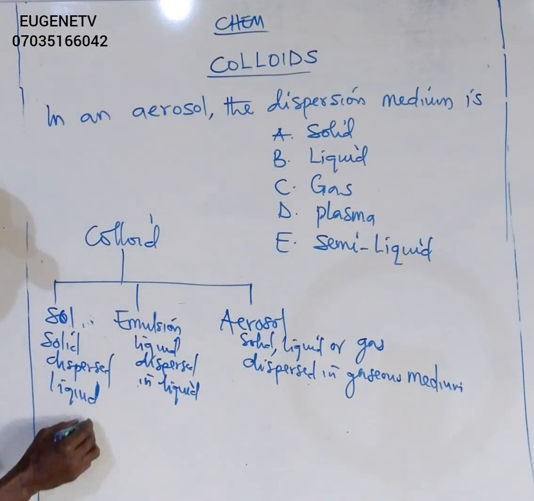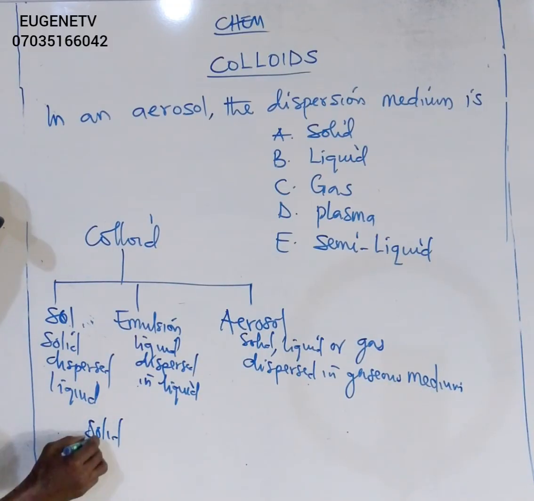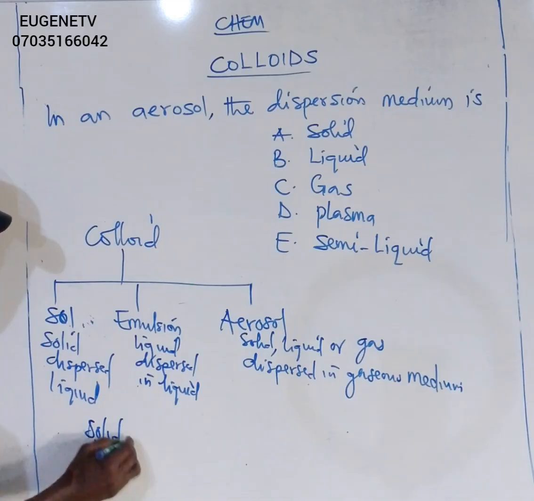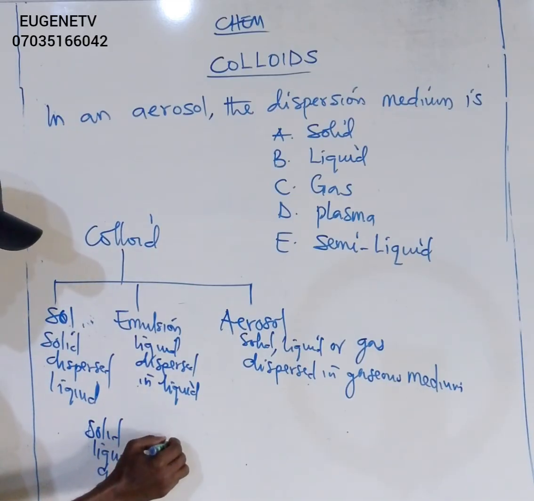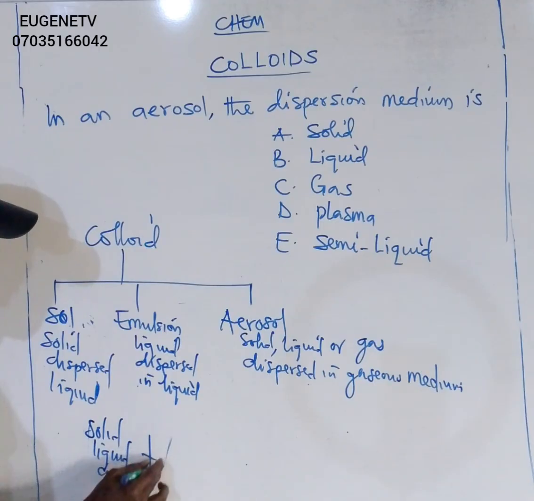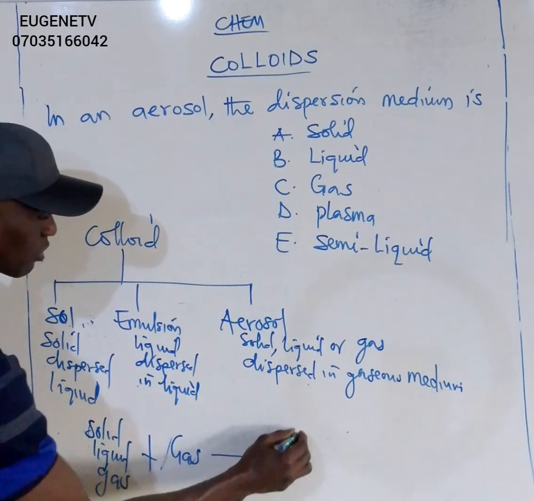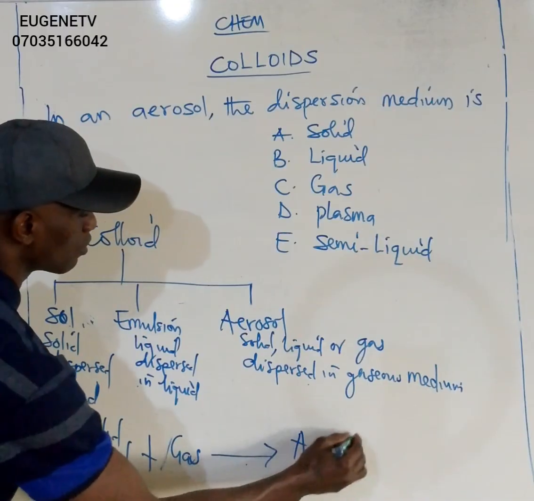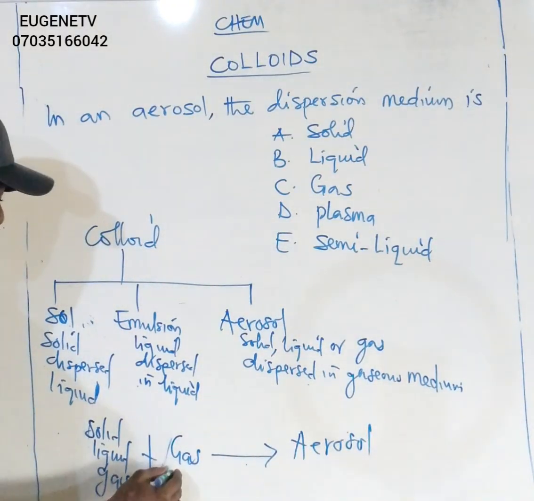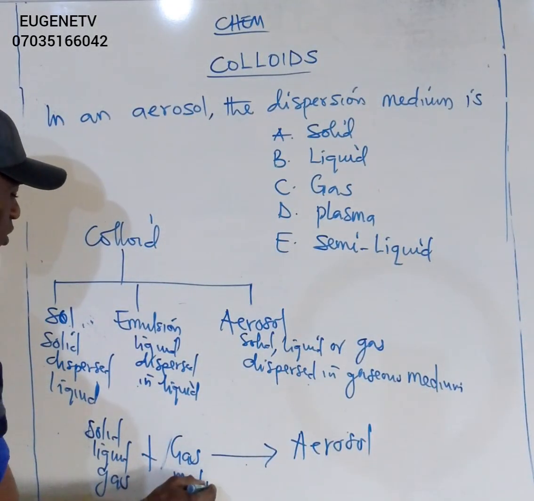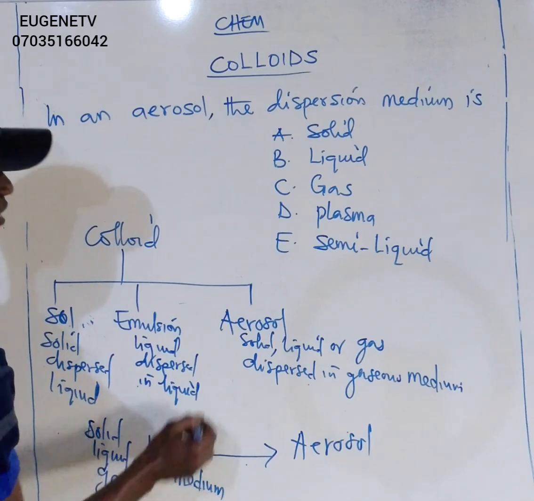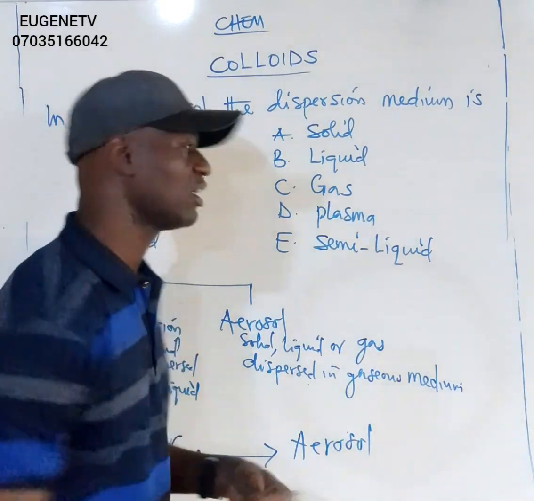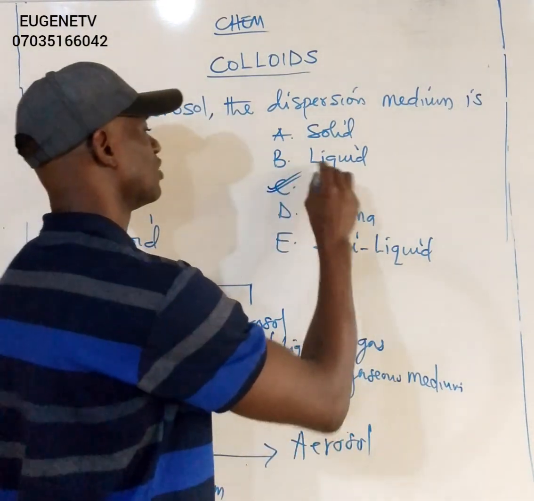So we may have a solid, liquid, or even a gas being dispersed in a gaseous medium. The dispersion medium must be a gas. So the dispersion medium in an aerosol is a gas. So the correct answer here is option letter C.